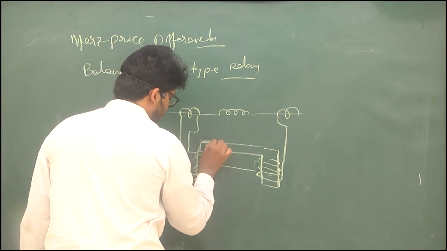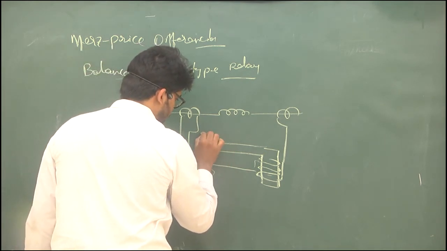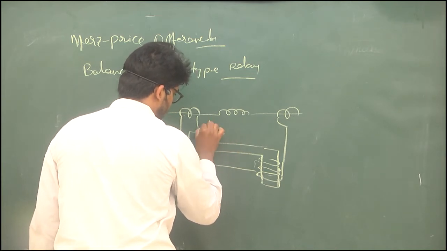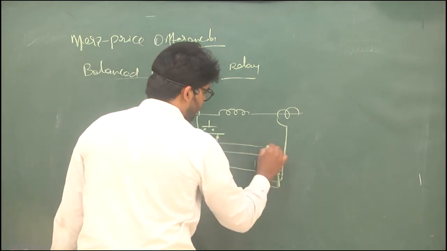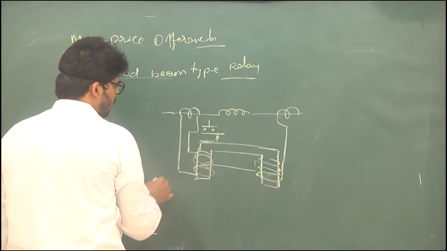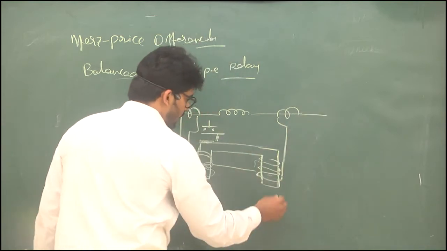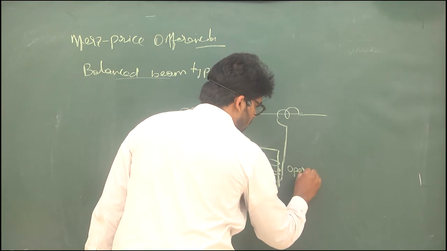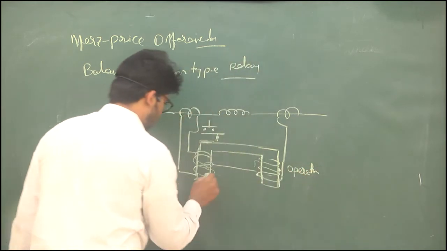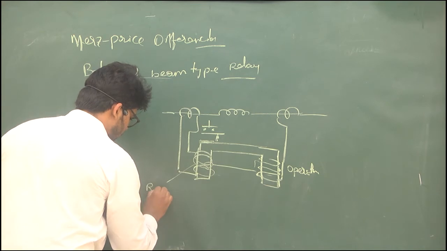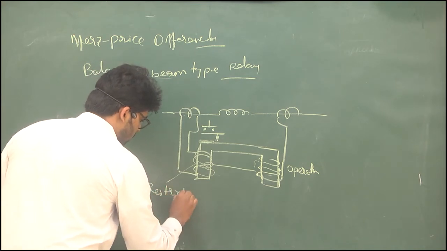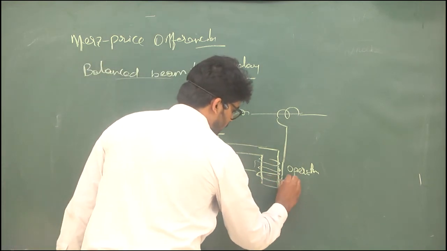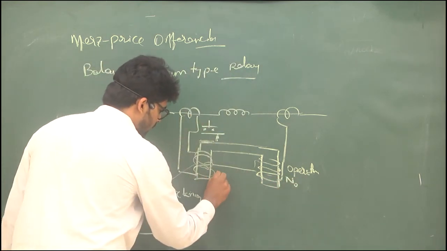We'll have a section here, a spring here, and a tripping circuit here. So this is for one section, for example, this is called the operating coil, and this is called the restraining coil. This has turns of N0, and this has turns of N.